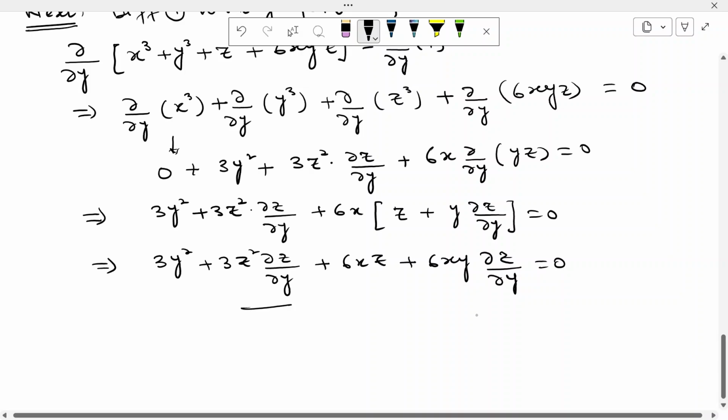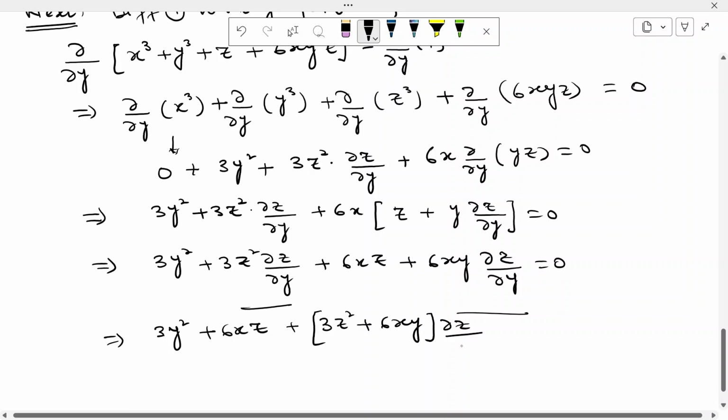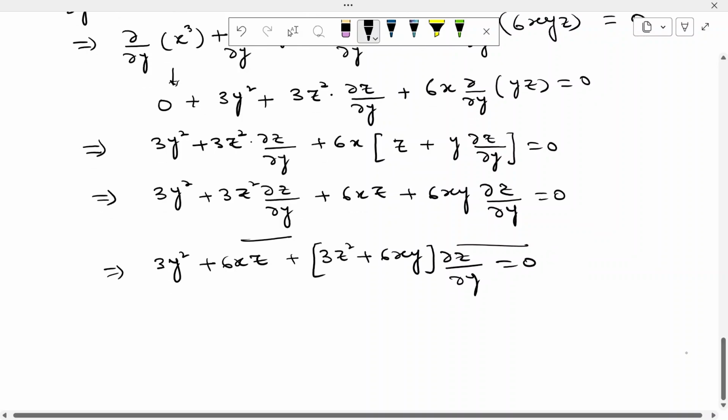Now again we combine the like terms, so this will be (3y² + 6xz) + (3z² + 6xy) ∂z/∂y = 0.